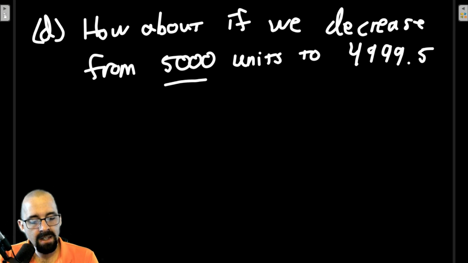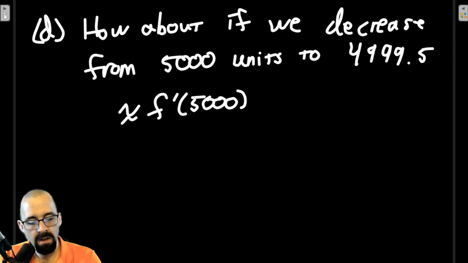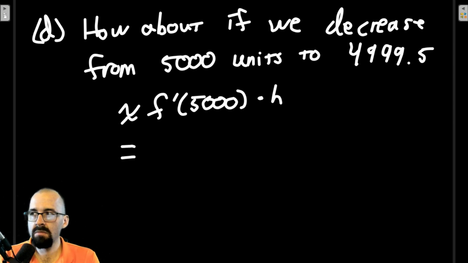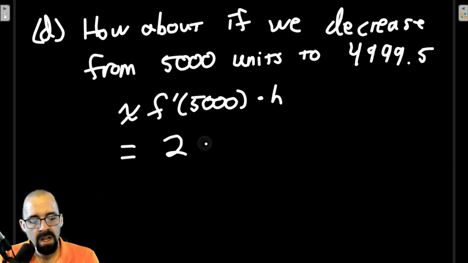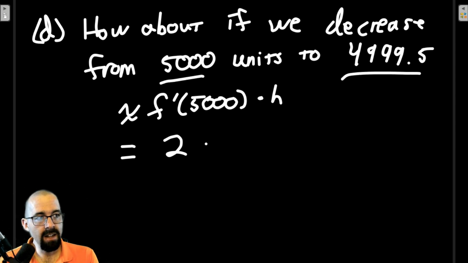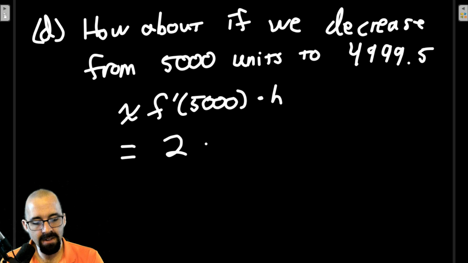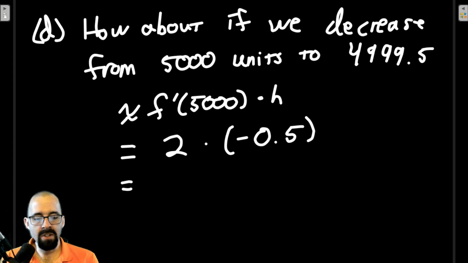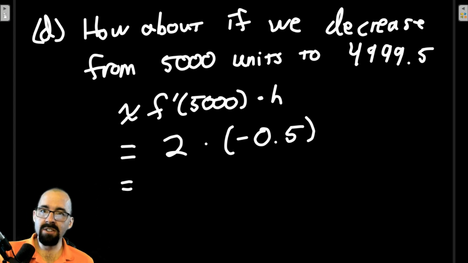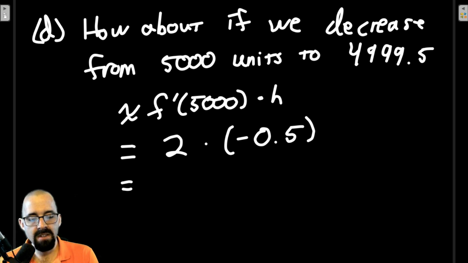Now we're decreasing from 5,000, so it's still going to be the derivative at 5,000 times h. The derivative at 5,000 is still 2, like we said before, but now h is the difference, and it's decreasing. It's going to be 0.5, and negative because it's decreasing. So if we reduce the hours by 0.5 from 5,000 units or hours to 4,999.5, this is the approximate change.